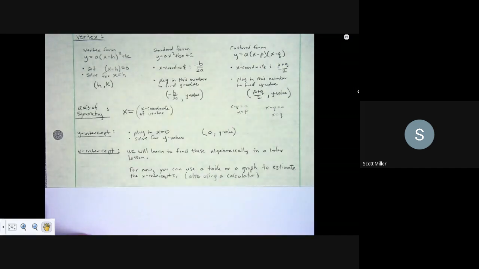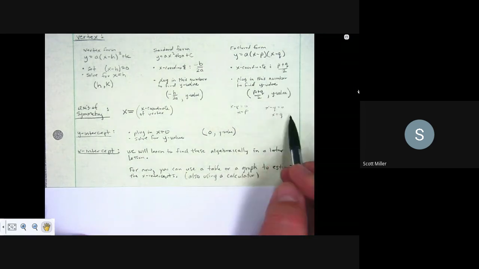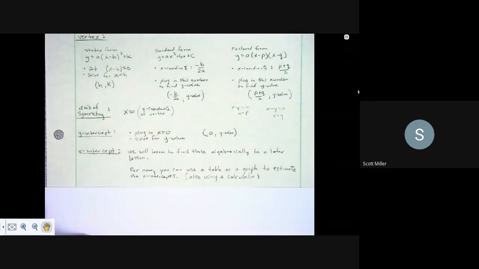The x-intercepts, except for in this form over here, these are the x-intercepts. So this is the intercept form. To find the x-intercepts in these forms over here can require a little bit more effort, and you may not be able to find them all the time.